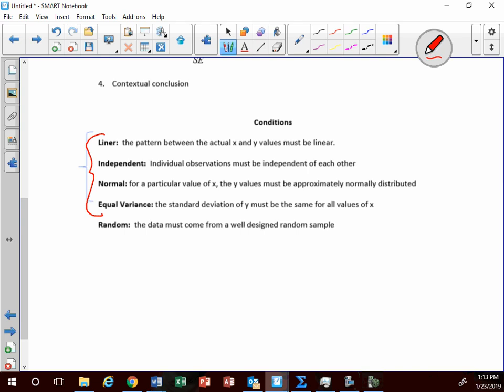Random is usually how you're going to say it. So a randomly scattered residual plot takes care of all 4 of those.